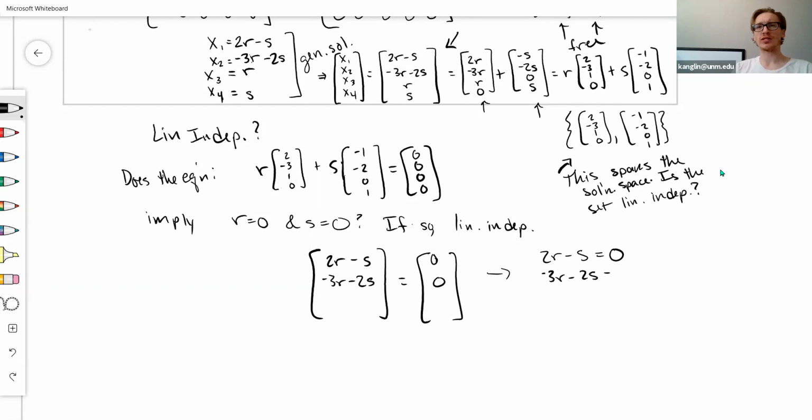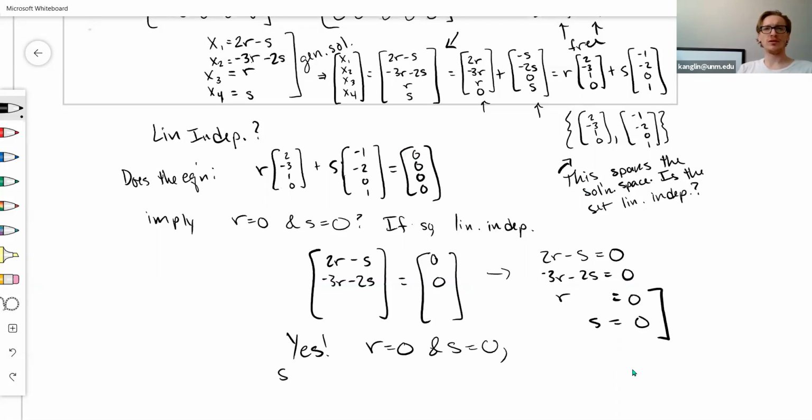I'll drop the vector notation. Then r equals 0, s equals 0. These are the equations that this actually unpacks to. Every component on the left has to equal a component on the right. There are 4 components on both sides, so we get 4 equations. Well, the bottom two tell us already r and s must be 0. So yes, r equals 0 and s equals 0. So the vectors are linearly independent.